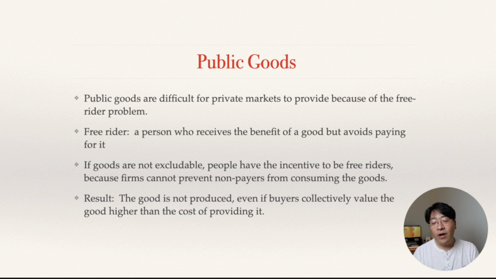Everybody wants to get on for free. That is nothing but a free rider. A free rider, by definition, is a person who receives the benefit of a good but avoids paying for it. So non-excludability leads directly to the free rider problem.